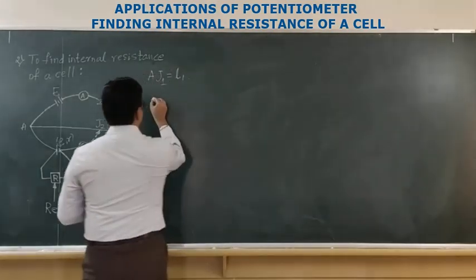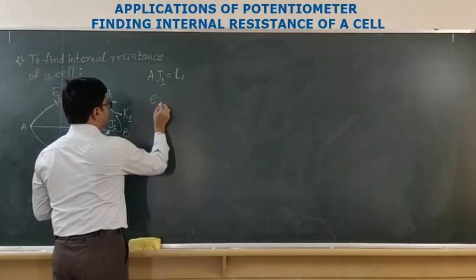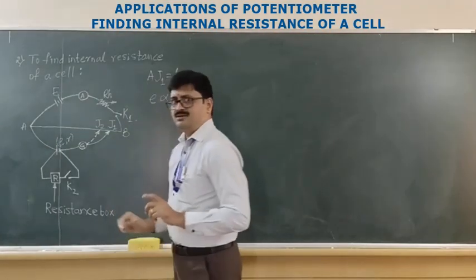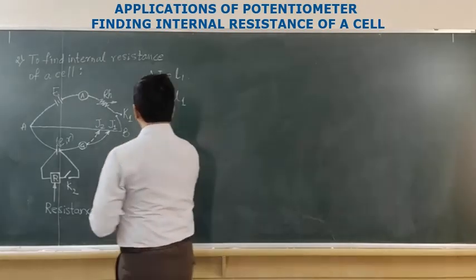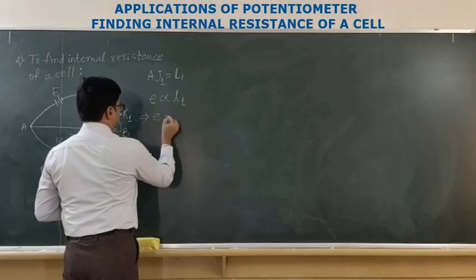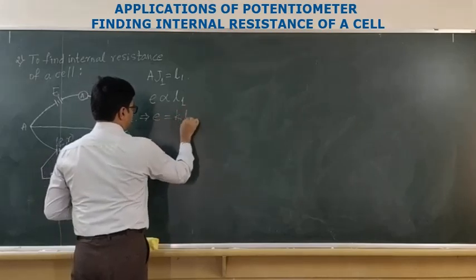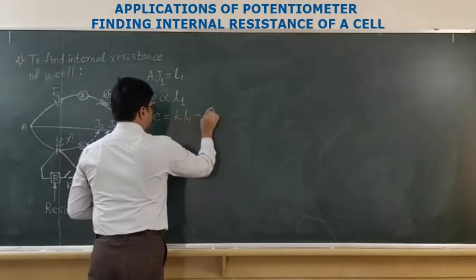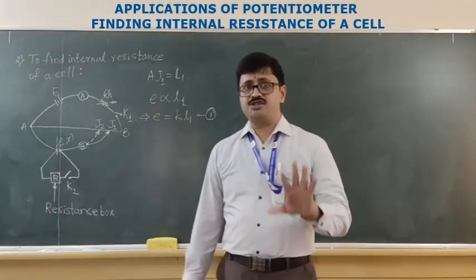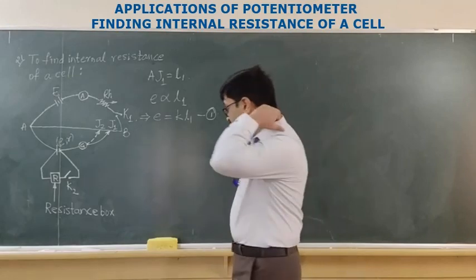Here the potential difference is EMF, so E is directly proportional to L1. This is my first step. I will write this as E is equal to K into L1. Then K is what? Sensitivity. K is nothing but the potential gradient of the potentiometer.